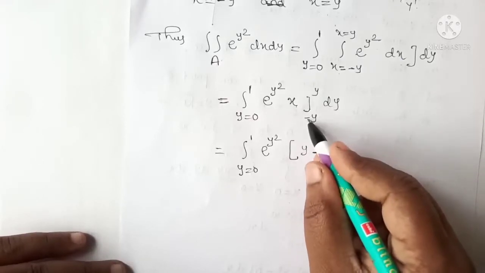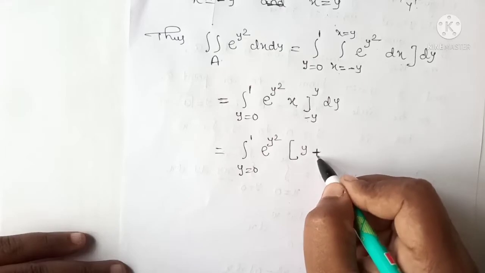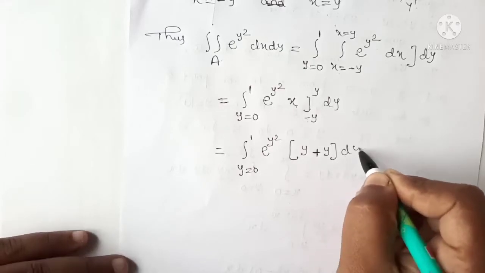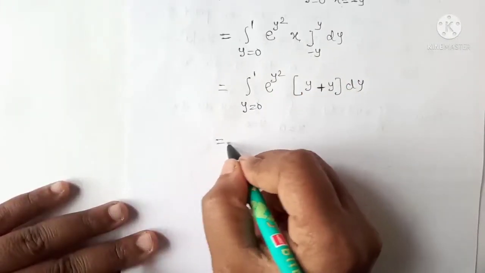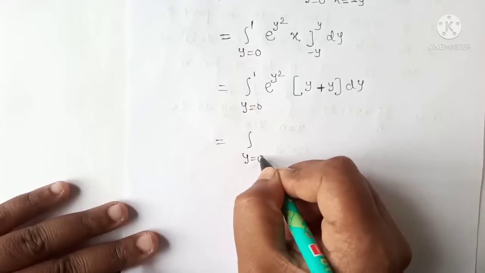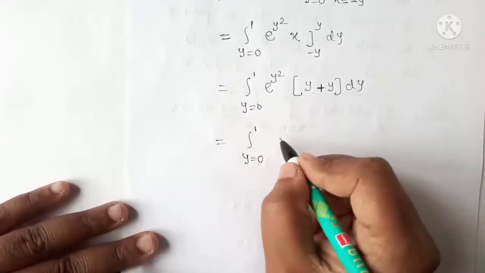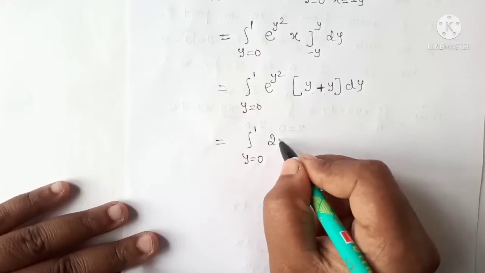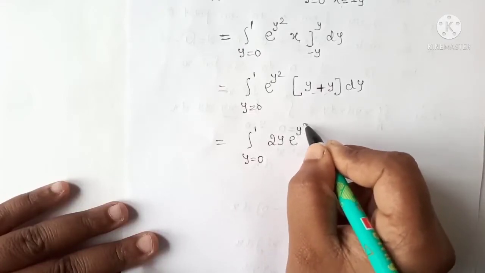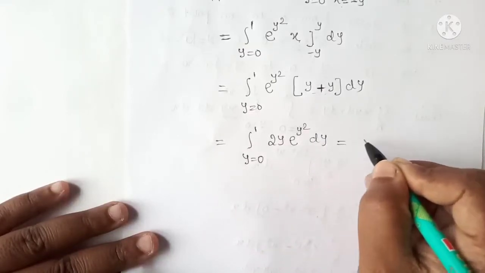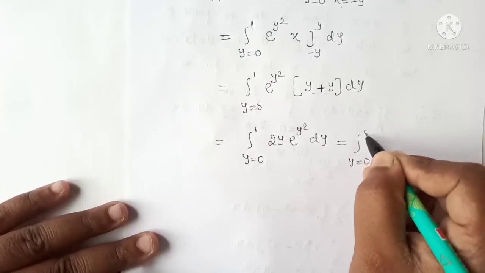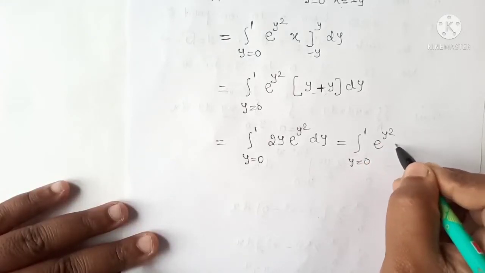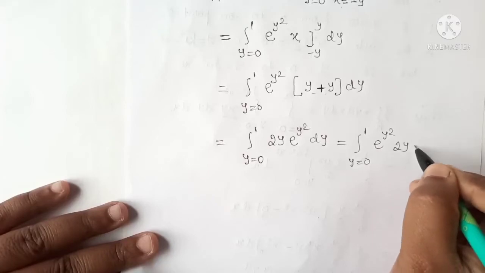Minus into minus gives plus y. So we get y plus y equals 2y, and the integral of y from 0 to 1 of e power y square 2y dy.